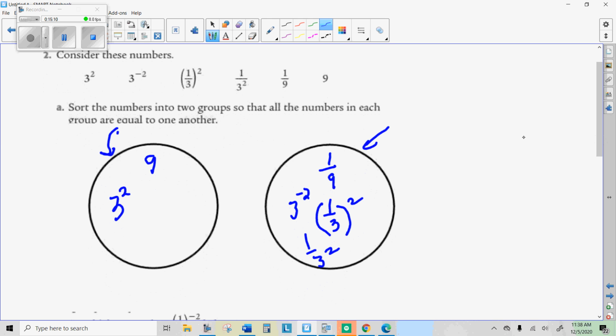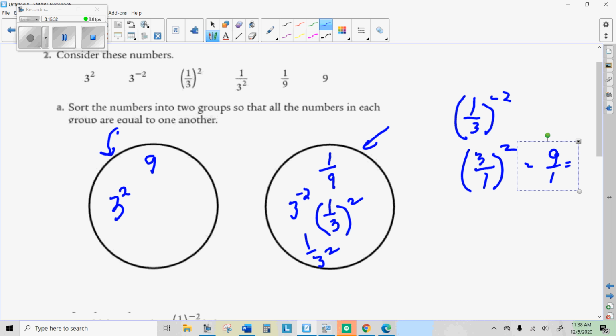I could make one other number using these. If I did 1/3 to the negative second, if that was one of your choices, that would actually equal 9, because remember you flip them when you have negative powers, and now it's positive second, and so that's 9/1, which is just 9. So we could add that to the list, and I think that's what we're supposed to do.